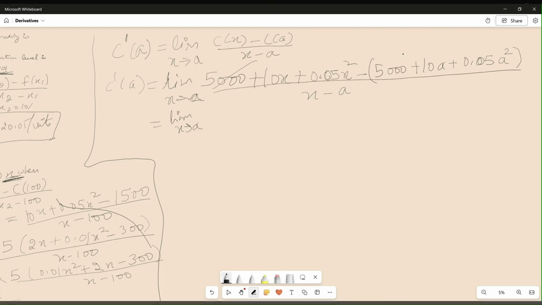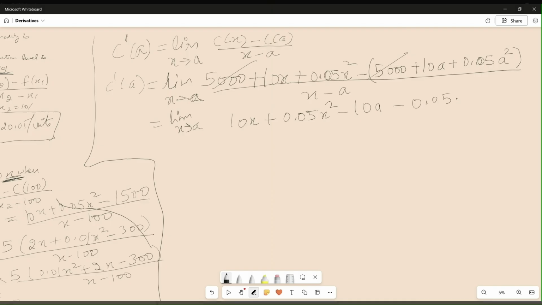These are going to be cancelled out. So what we are left with is 10x plus 0.05x squared. Negative times 10a is negative 10a, minus times positive 0.05 is negative 0.05a squared.